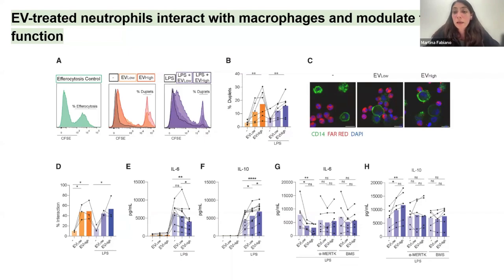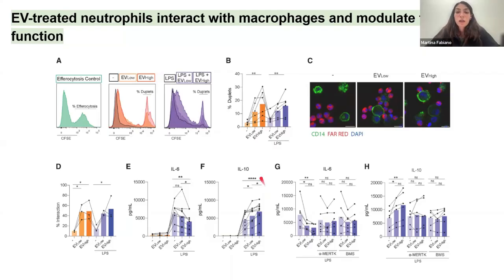What we saw was a similar phenotype to the macrophages we explained before: a decrease in IL-6 secretion and an increase in the production of IL-10, suggesting an M2-like, or more anti-inflammatory, phenotype of macrophages.